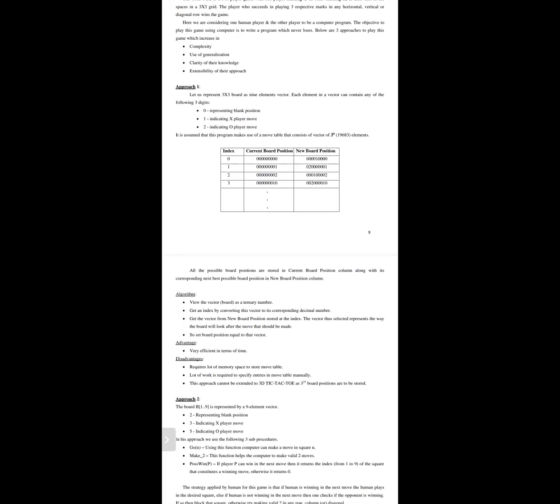Each element is a vector that contains a value of either 0, 1, or 2. 0 means a blank position, that is, a move can be made there. 1 indicates an X player move, and 2 indicates an O player move. So consider two players: player O and player X.